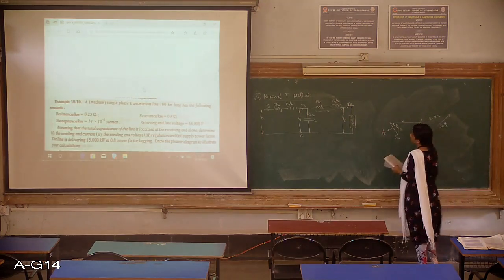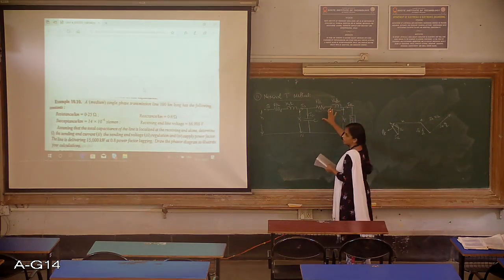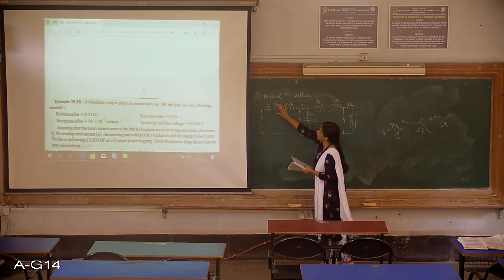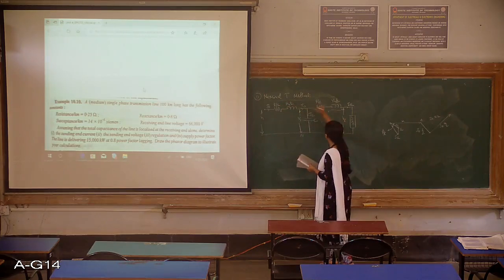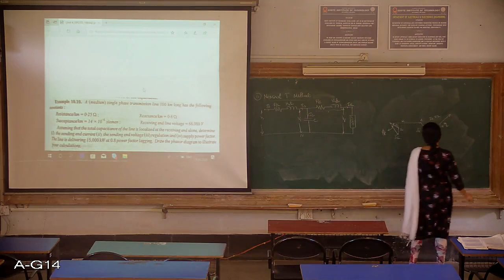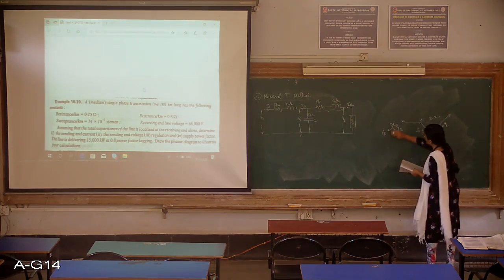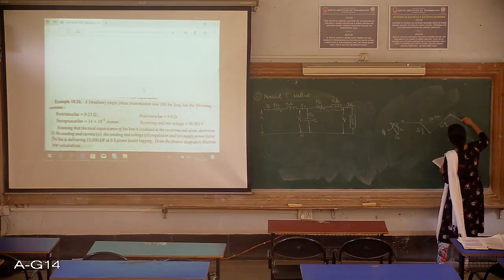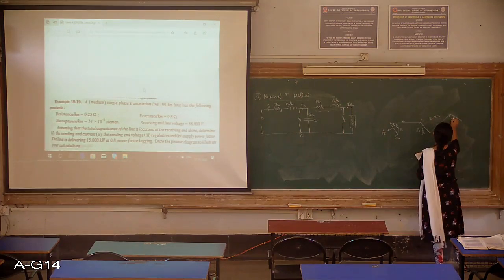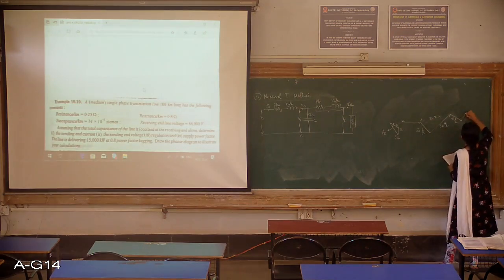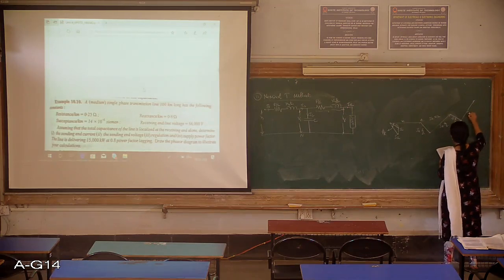Now I have to represent the next drop. In parallel with IS, and perpendicular to that, IS into R by 2. Then again there is a 90 degrees phase shift because of the pure inductive circuit, so it is IS into XL by 2.